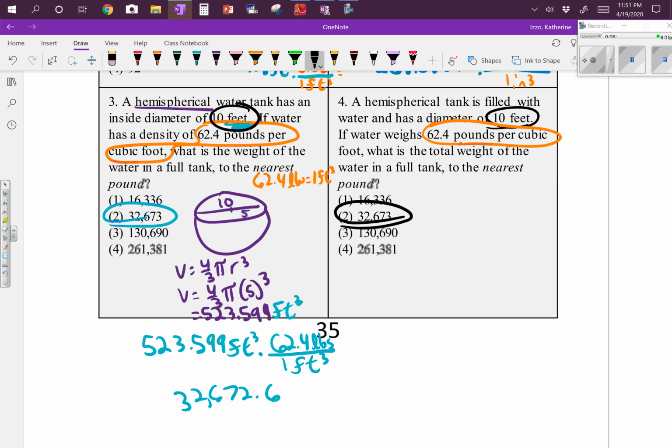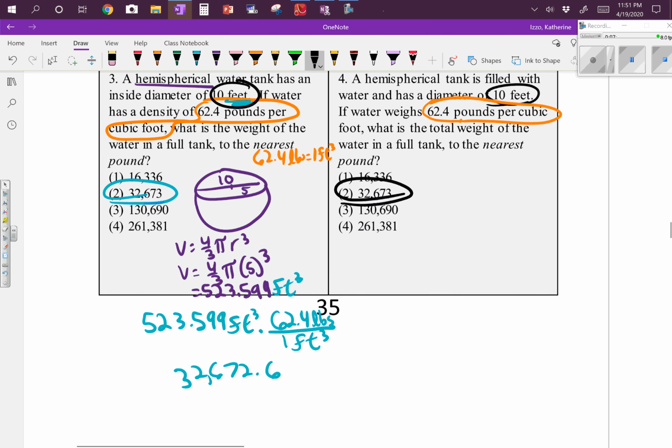Yes, indeed, the Regents very much likes this question, this hemispherical water tank. Why? Who knows? How many hemispherical water tanks do you normally see? Not many, but apparently quite a few on the Regents. So, since we don't care about the Regents, and since they've asked us the same question twice, we just skip right to the answer.